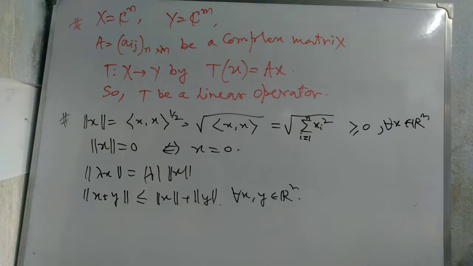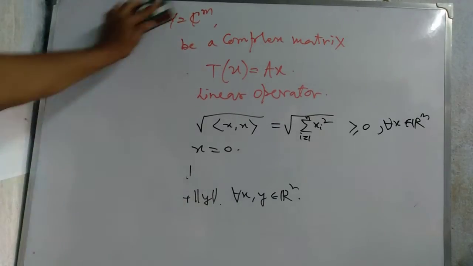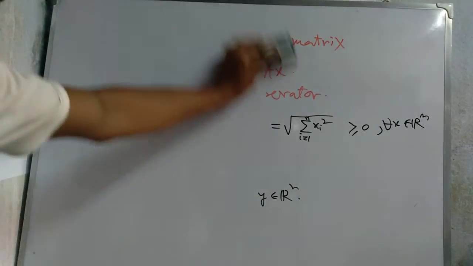Then we also go to another definition. This one is boundedness of an operator. Here we write boundedness.